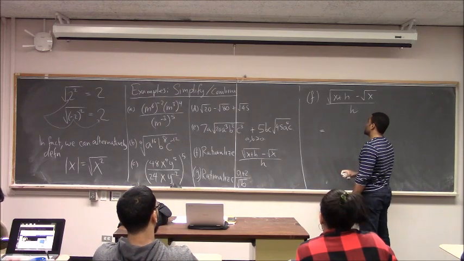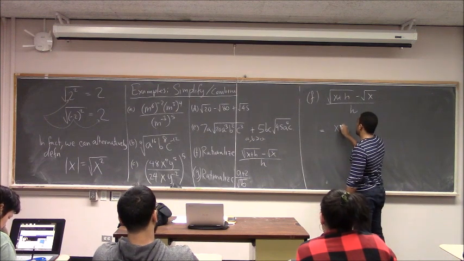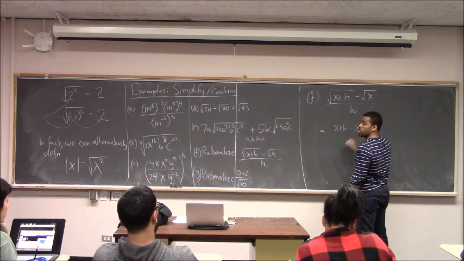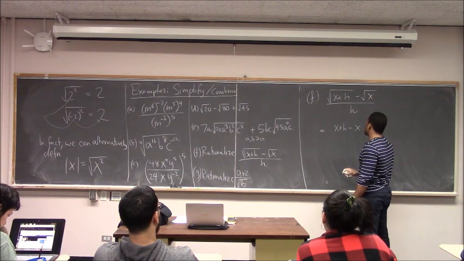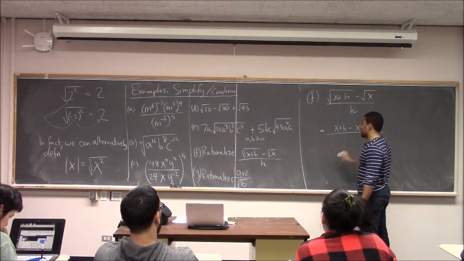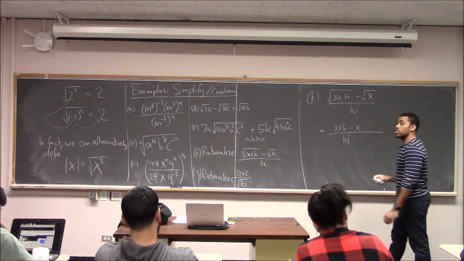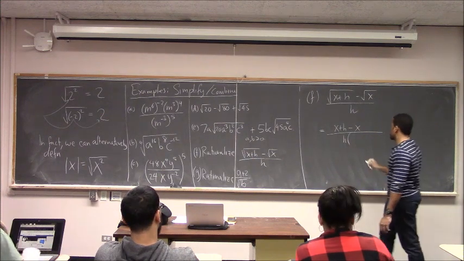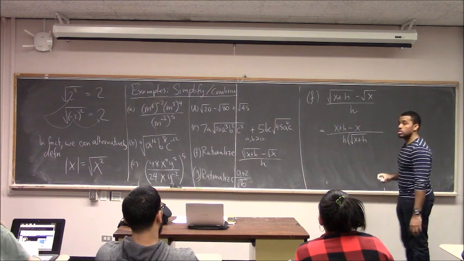I wrote radical x plus h minus radical x on the top term, and the denominator will be h times radical x plus h minus radical x.